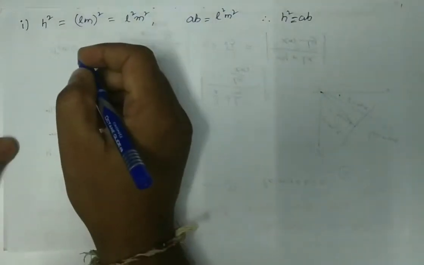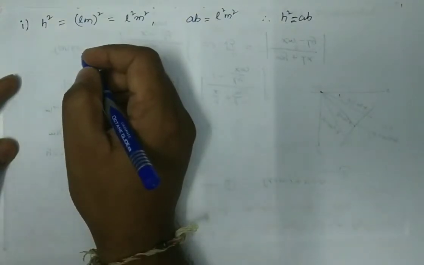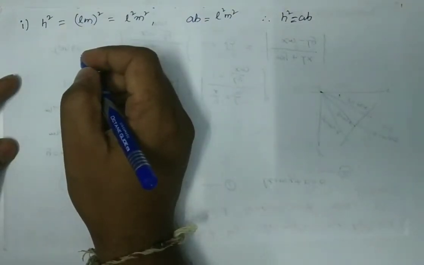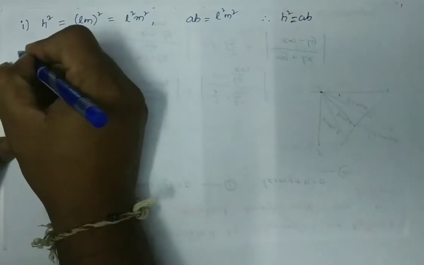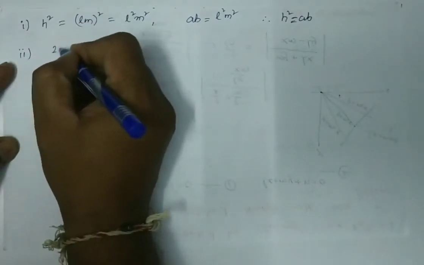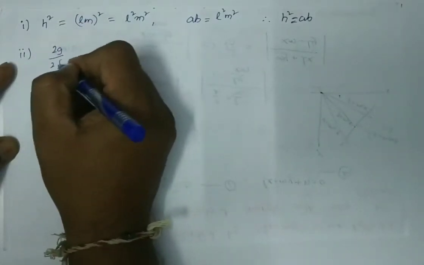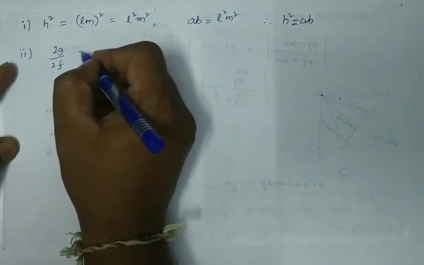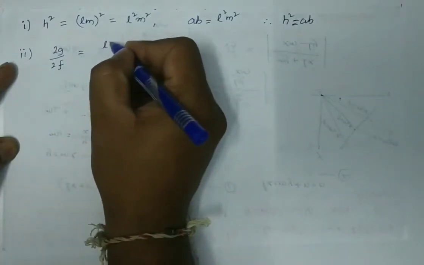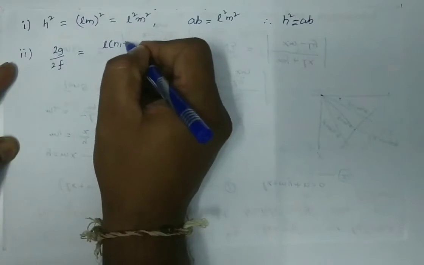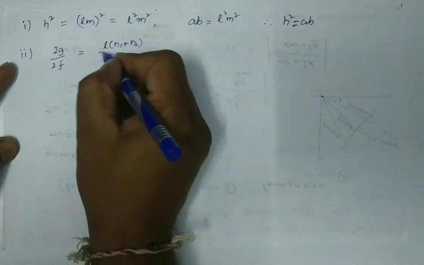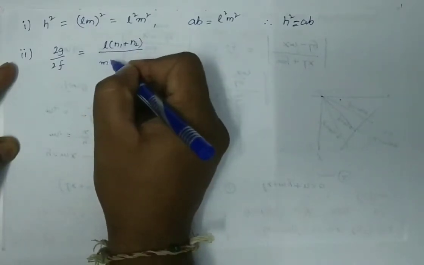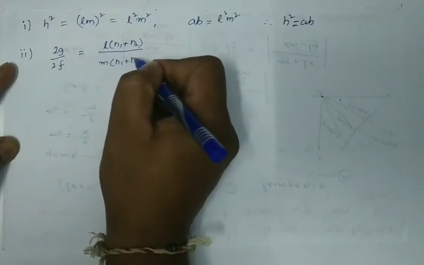So for proving the next condition, that is A F square equals B G square, here we just have to take 2G by 2F. Which is equal to 2G, that is L of N1 plus N2, divided by 2F, that is M of N1 plus N2.